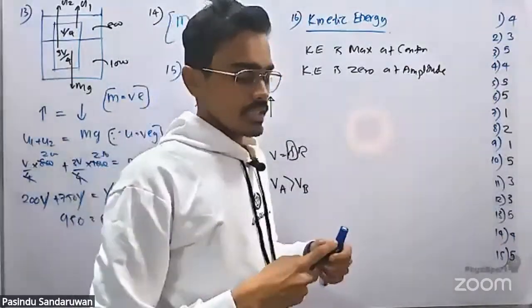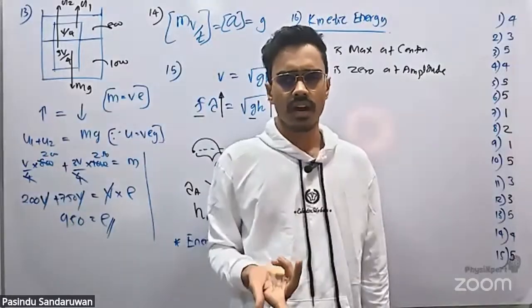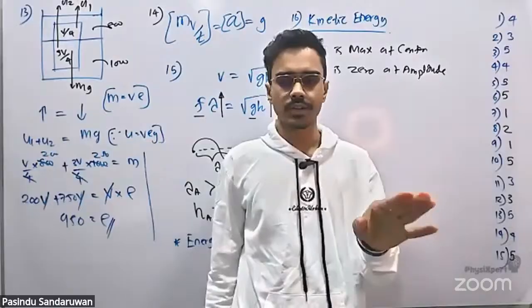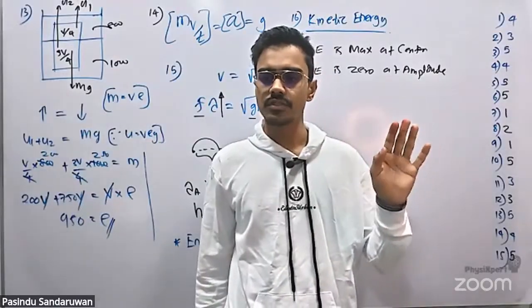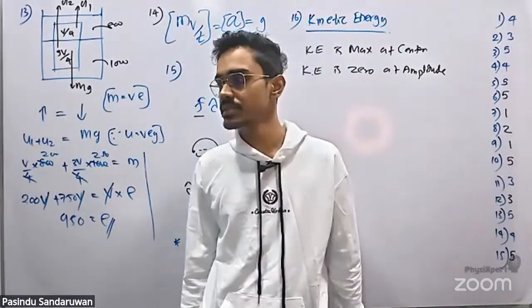Then in a point in between, kinetic energy will be half of that value as well, because when it changes from a center to amplitude, kinetic energy changes from the maximum value to the 0.